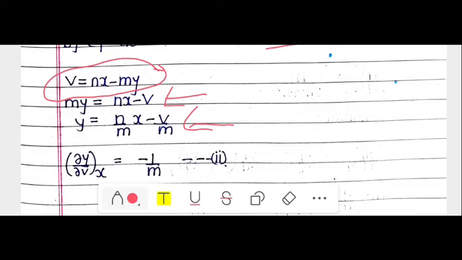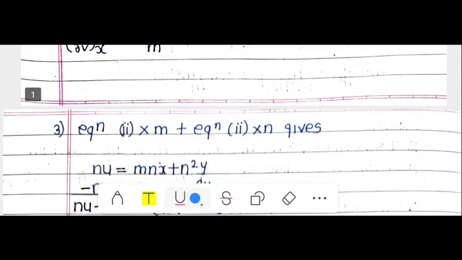So we differentiate this equation with respect to v, treating x as a constant. So we get the partial derivative, which is minus 1 upon m. We denote this one as second.